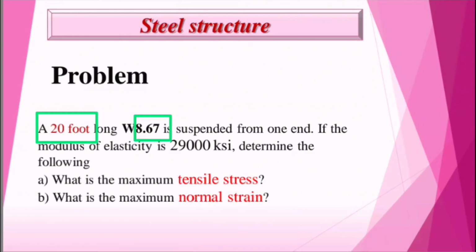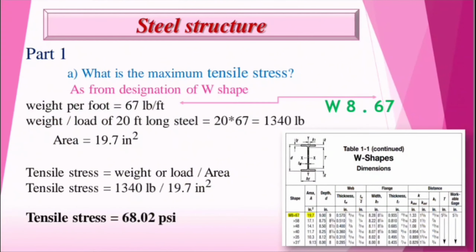In the next slide we will do this calculation. By finding this, we get the force or load, and then dividing by area we get the maximum tensile stress. This is the solution of part 1.